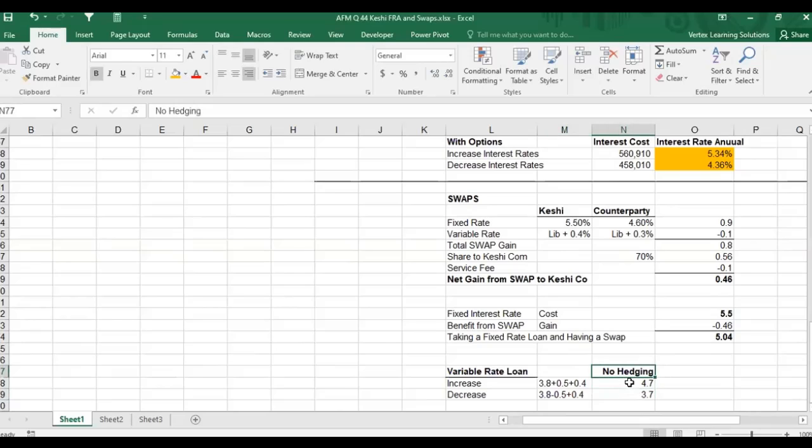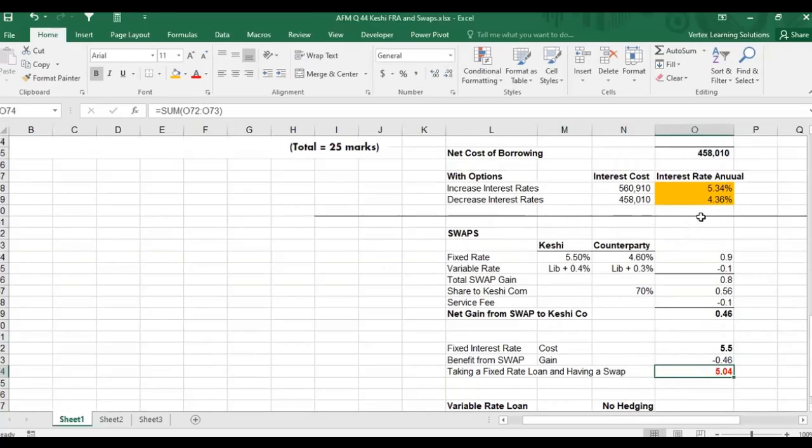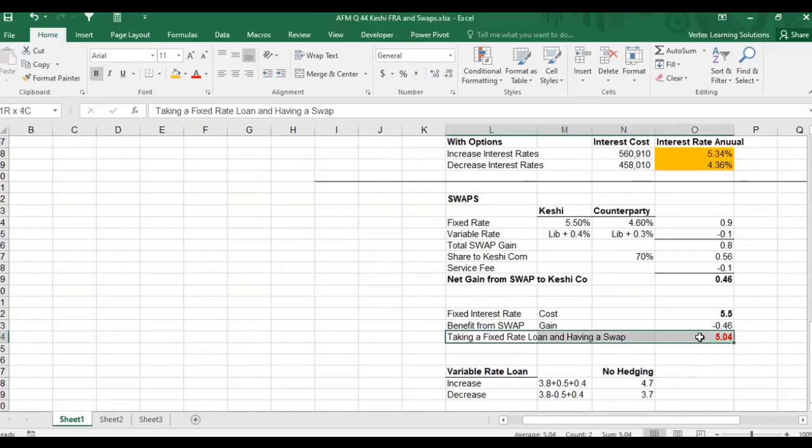In any case, it is 4.7% or 3.7%. This is my no hedging. If I go and do swap, it will cost me 5.04%. If I take option, it could be 5.34 or 4.36, increase or decrease. But swap I must do, because in case of swap, it is fixing my rate here at 5.04%.